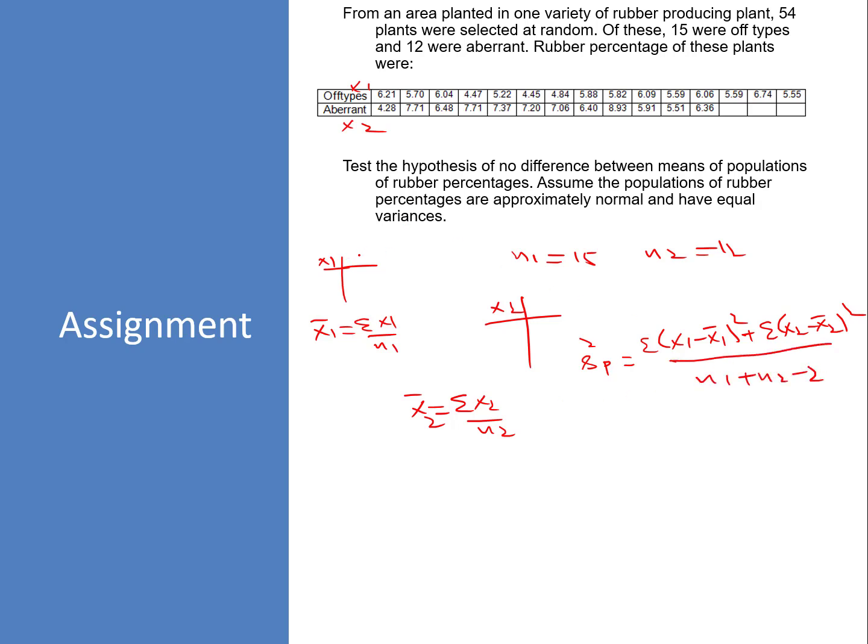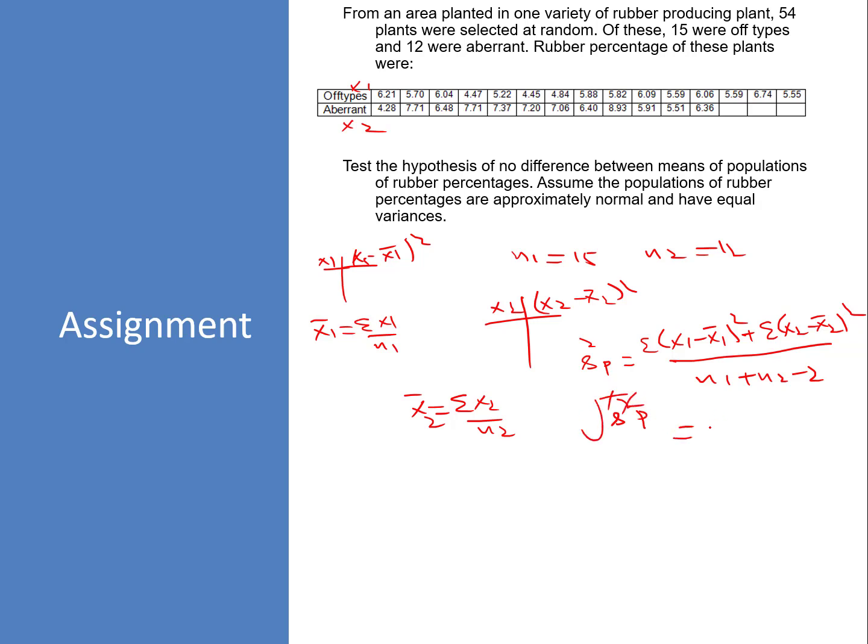So you can easily calculate this (x1 minus x1 bar) whole square, and you need to put that value. Similarly for this (x2 minus x2 bar) whole square, because you already calculated this, you will put it in, then you need to take the square root of this pooled variance.